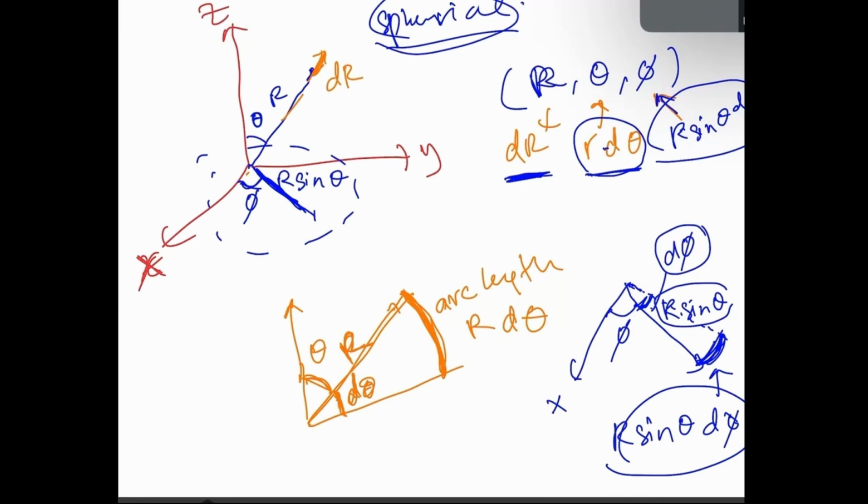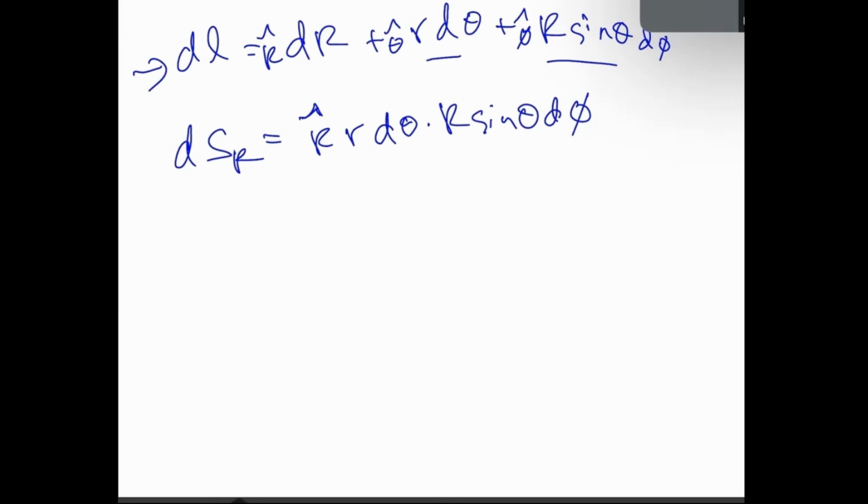This one is capital R. Phi is here. The line is r d theta, here r d theta. So it will become, in the direction of r, r square sine theta d theta d phi.